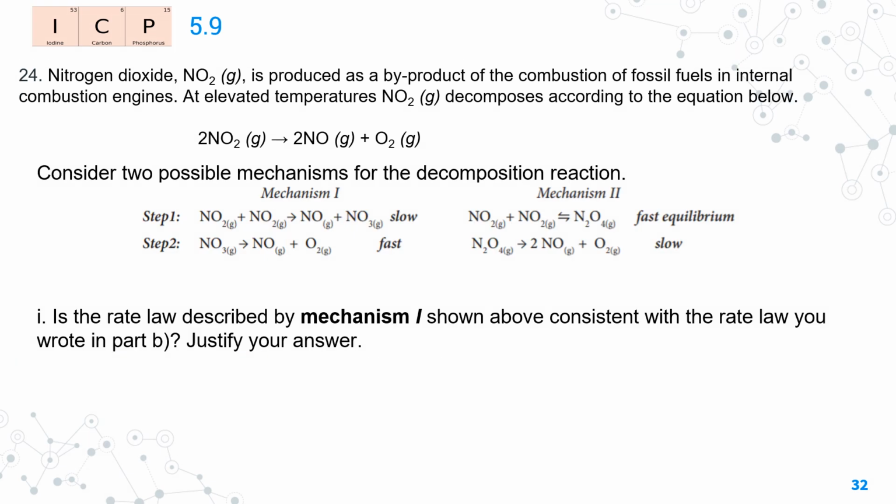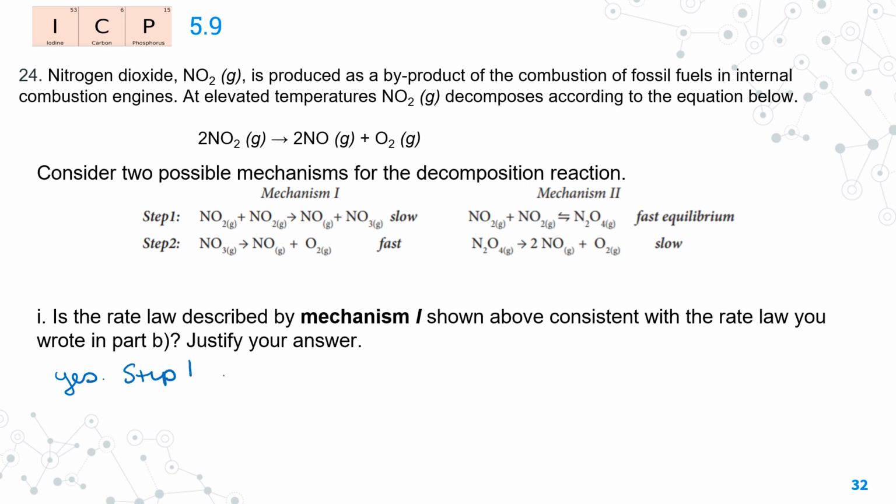Part C says, consider the two possible mechanisms for this decomposition reaction. So I have mechanism 1 and mechanism 2. Part I says, is the rate law described in mechanism 1 shown above consistent with the rate law you wrote in part B? And the answer is yes.